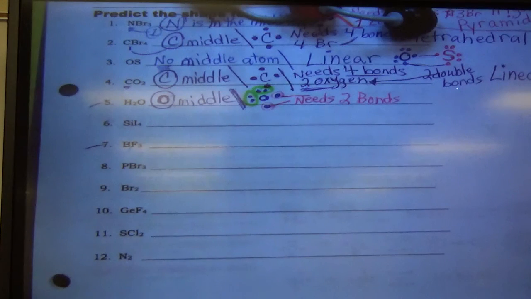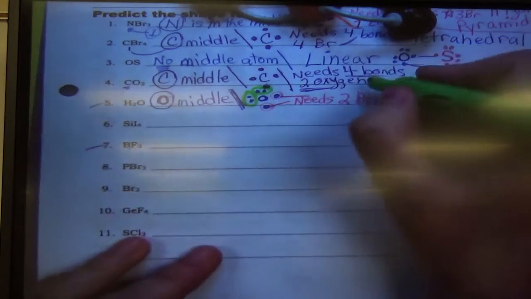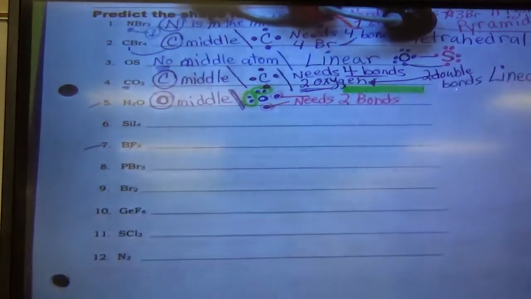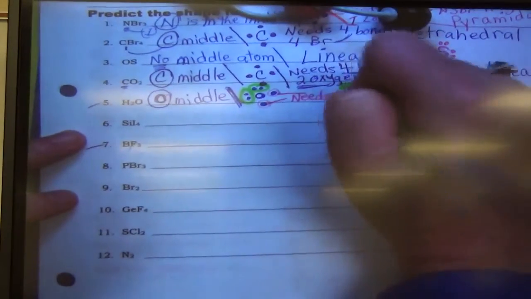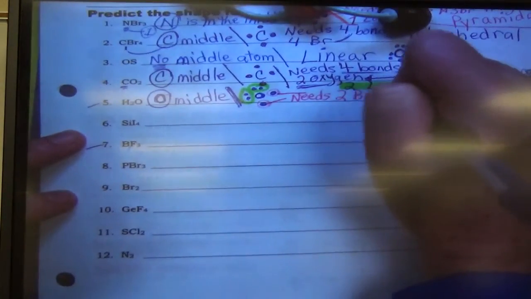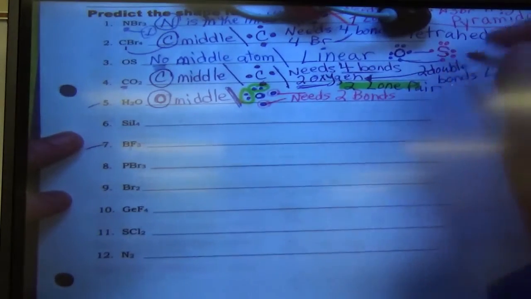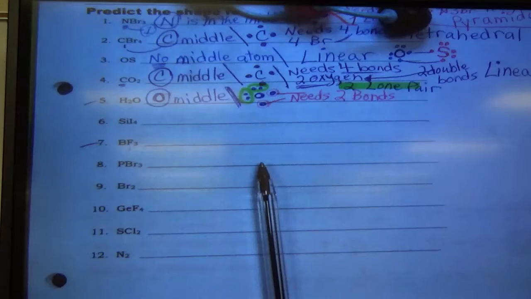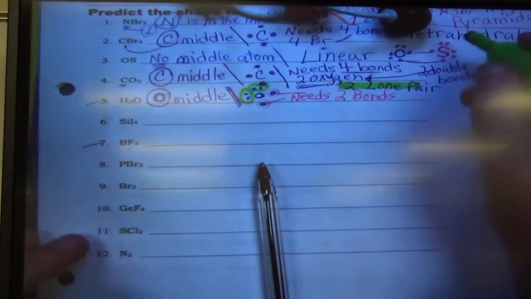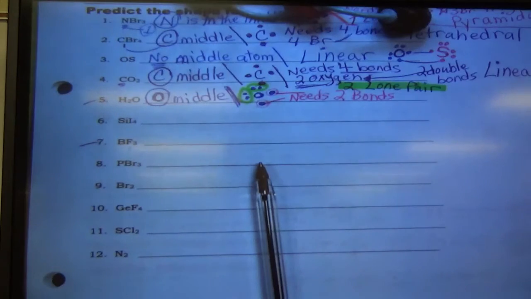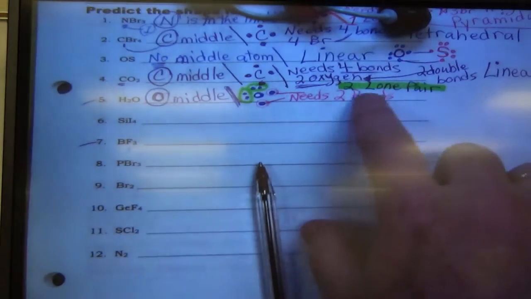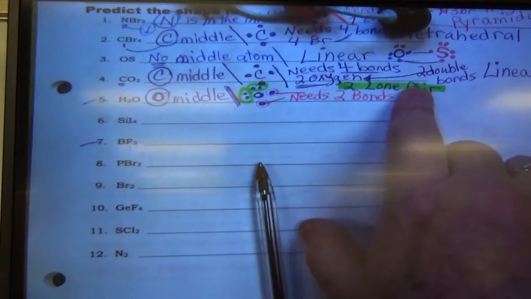Lone pairs, thank you. So we have 2 lone pairs in this structure. Now, oxygen doesn't always make lone pairs, but we're doing covalent bonding, not so much the ionic part, so anyway, 2 lone pairs.